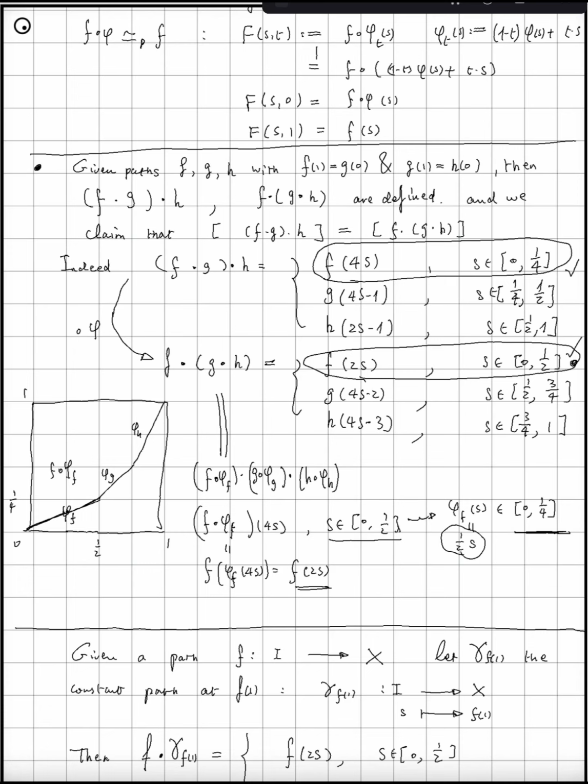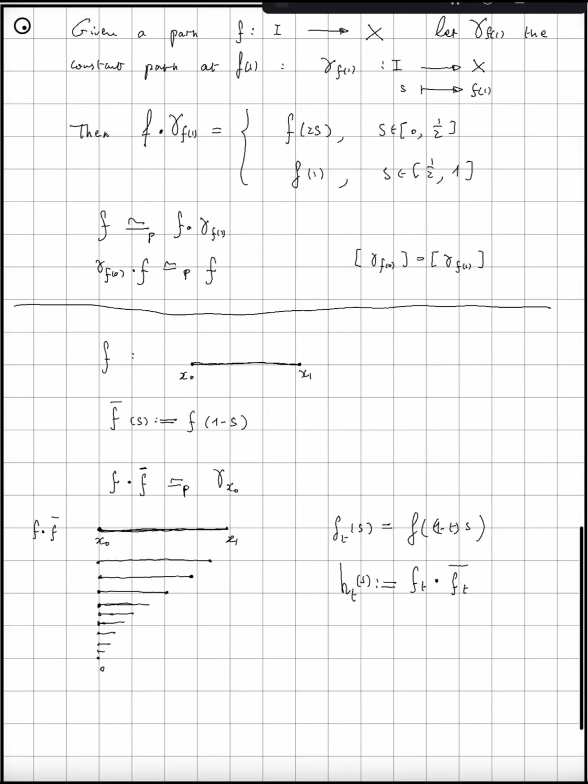Actually, even without this precise description here, you can still say that this is just reparametrization, so they must be homotopy equivalent. And then let's say that you could have an identity homotopy class.